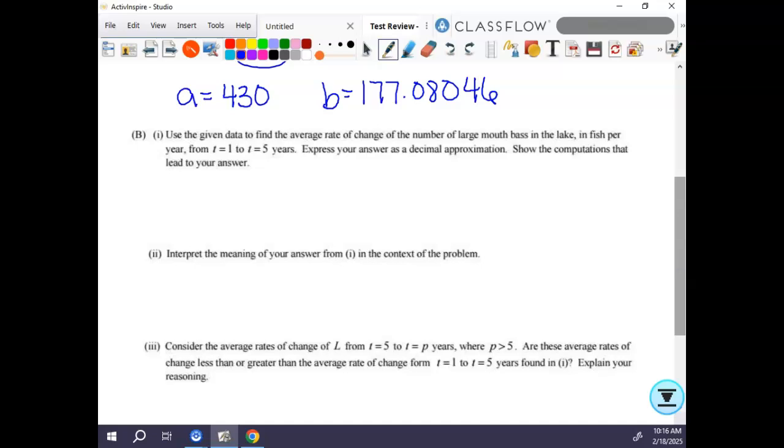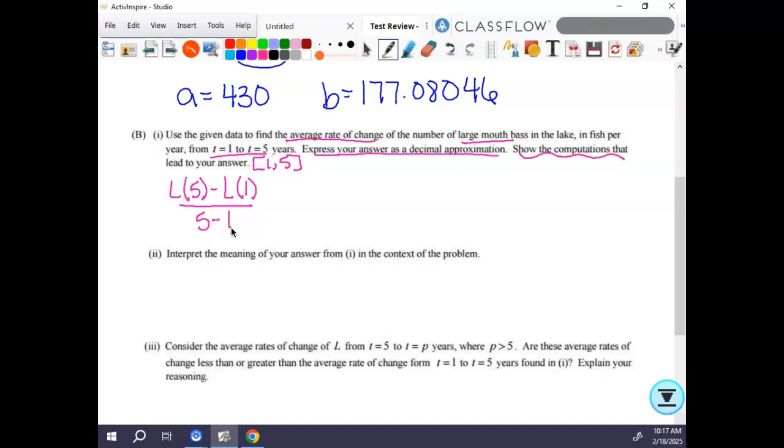Now it says to use the given data to find the average rate of change of the number of largemouth bass in the lake from t equals 1 to 5. Express your answer as a decimal approximation. Show the computations. So that means this goes from 1 to 5. So I'm going to do L of 5 minus L of 1 over 5 minus 1.